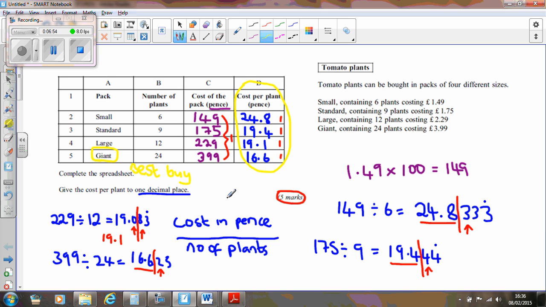Now the next question that is on a best buy section is always, why might you not want that best buy? And in this case, you might not want the best buy because it's quite a lot of plants. So you might not want all those plants.